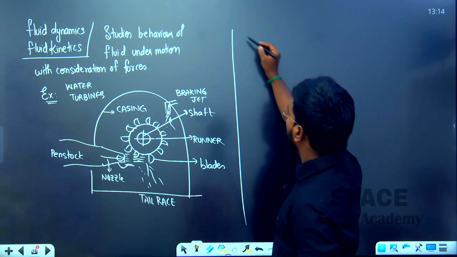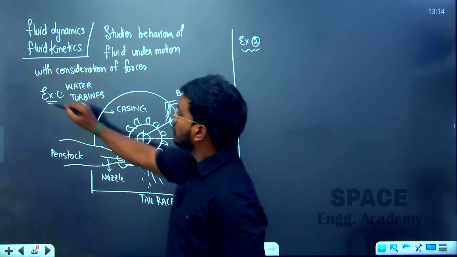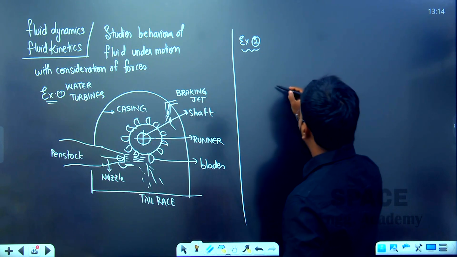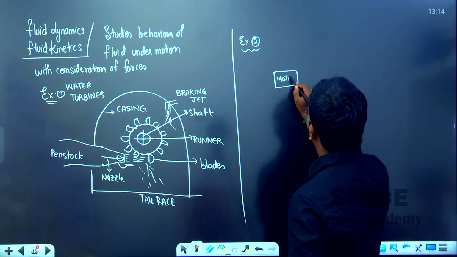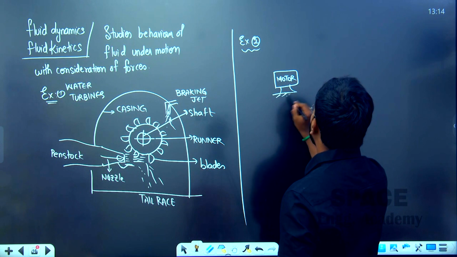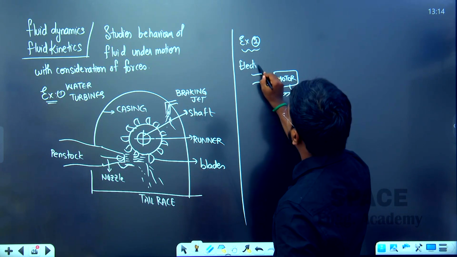Second example we are going to discuss is the pump. Pump is a device which takes energy from a motor. So the motor is supplying which energy? First of all, electrical energy is provided to the motor.